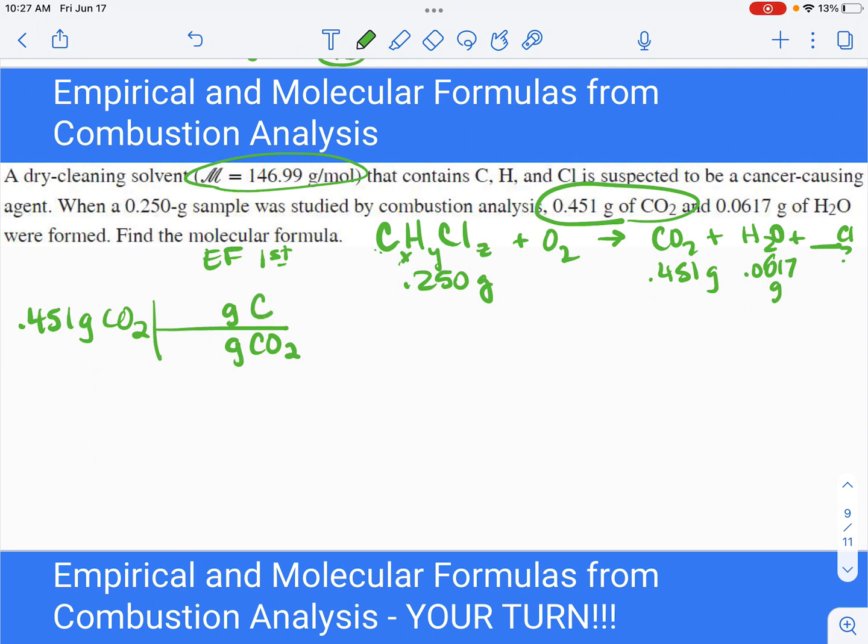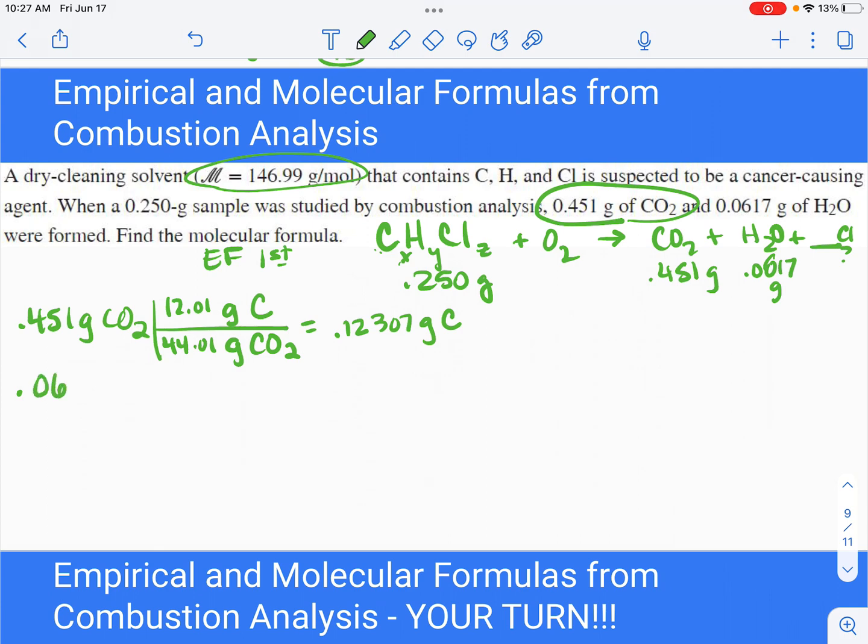From the periodic table, carbon in CO2 would be 1 times 12, so that's 12.01. And then the carbon dioxide would be 1 times 12.01 and 2 times 16, which added together is 44.01. And that will tell me then that I have 0.12307, I'm not cutting it off short, grams of carbon.